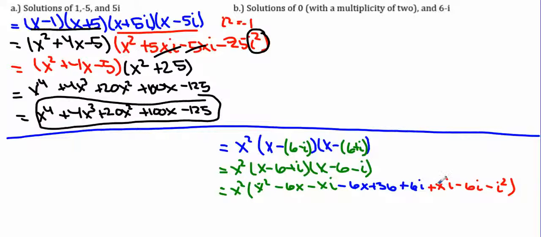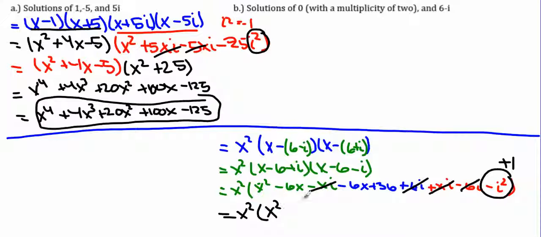Let me just take a second to double check to make sure that's right. Okay, perfect. Now let's look at what can cancel. I have a negative xi and a positive xi. I have a positive 6i and a negative 6i. And then don't forget right here, that is going to change to a positive 1. So what do I have? I have x squared.